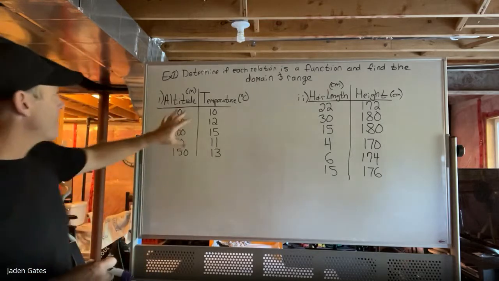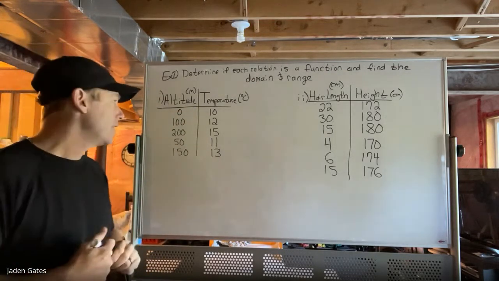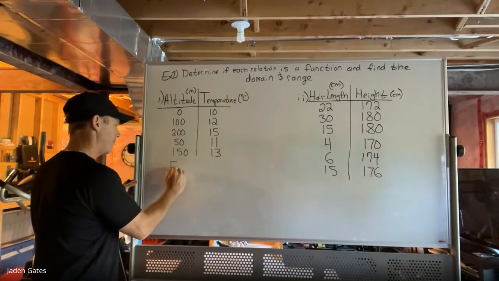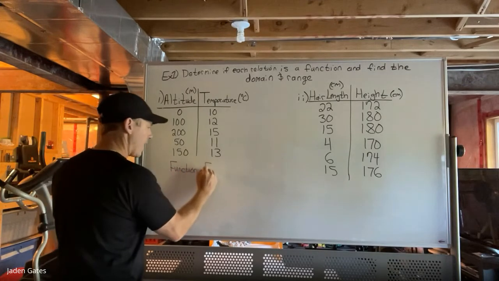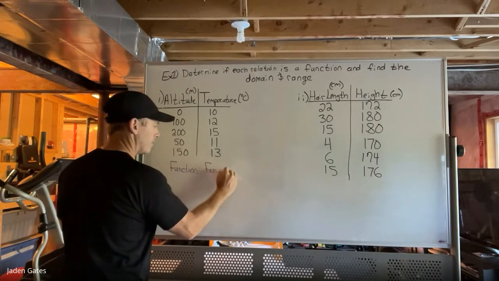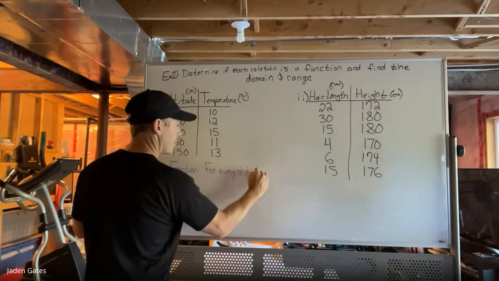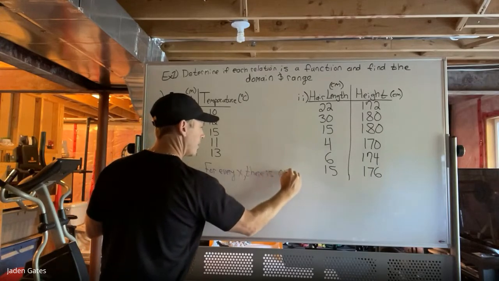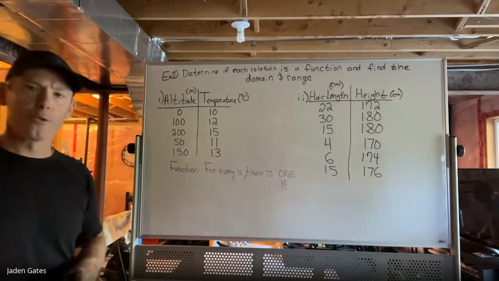So just from this simple data, I'm going to say that it is a function, because for every x there is one y. We're going to get into examples where that doesn't happen.